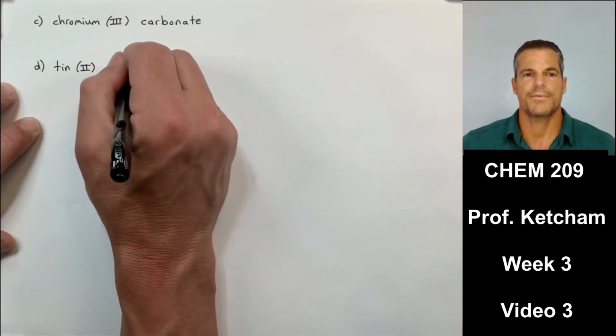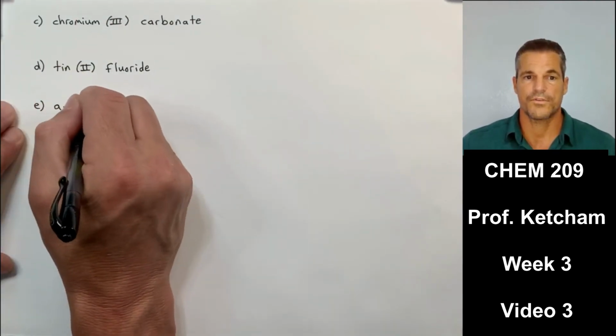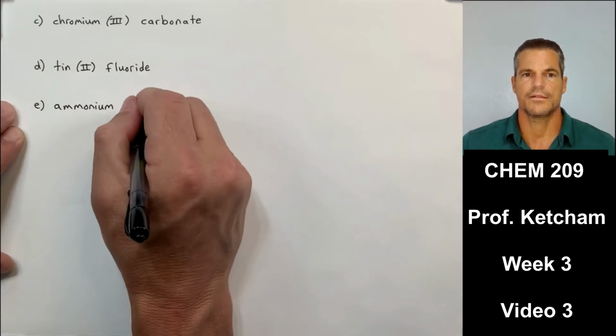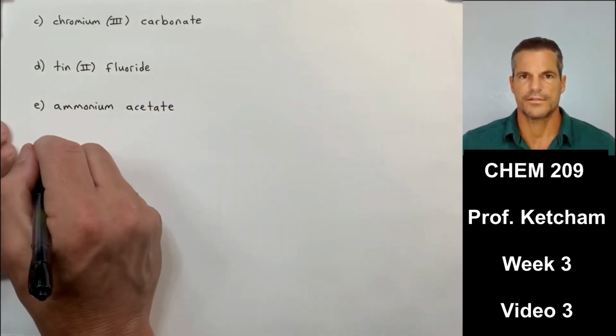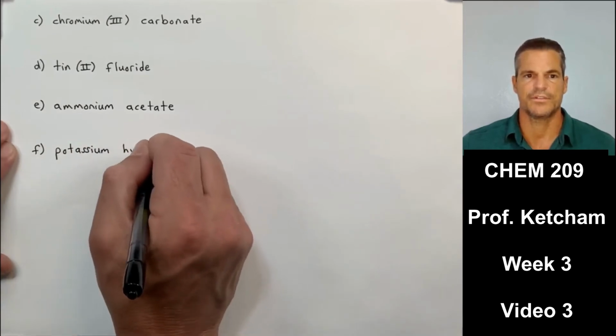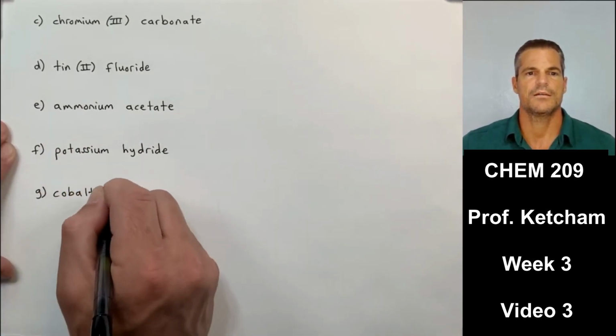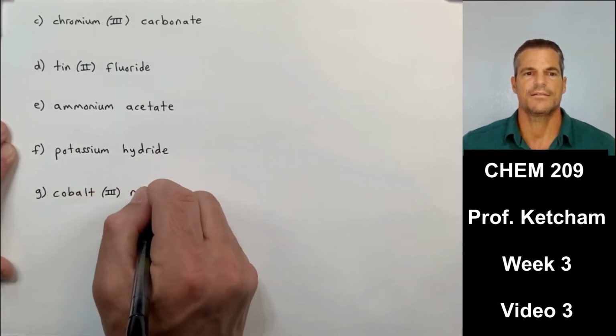All right, next page of notes here we have C, chromium, Roman numeral 3, carbonate. Well, I already know it's a metal there with the chromium 3, don't I? Same thing down here in D with tin 2. E, ammonium acetate.